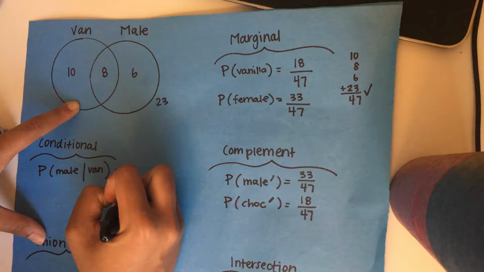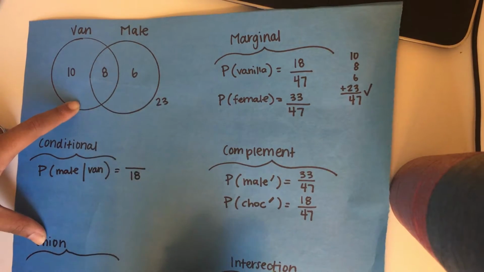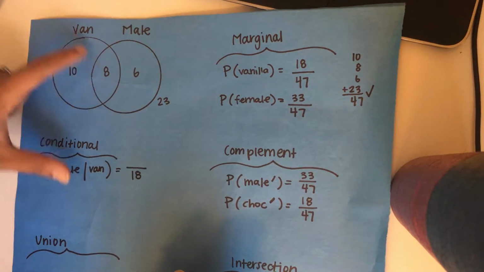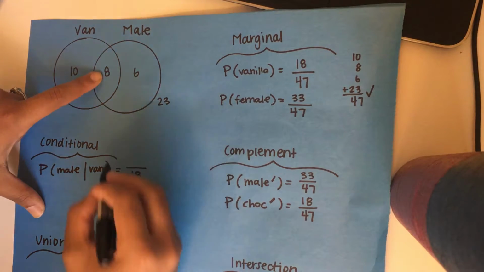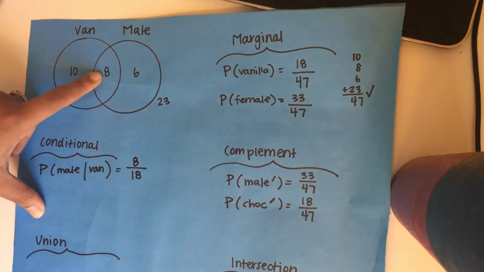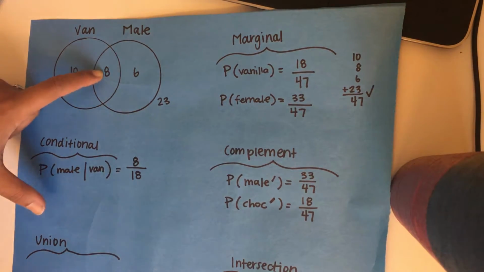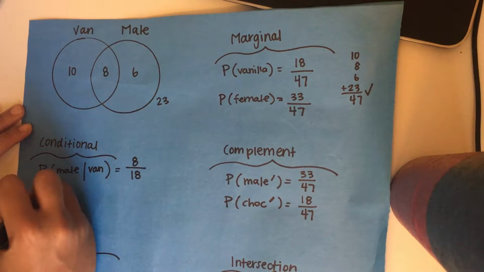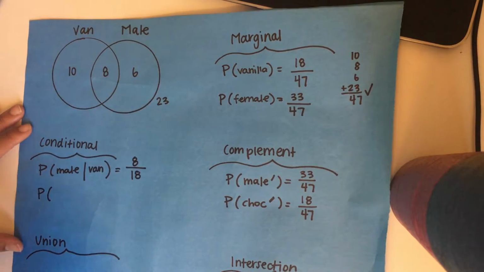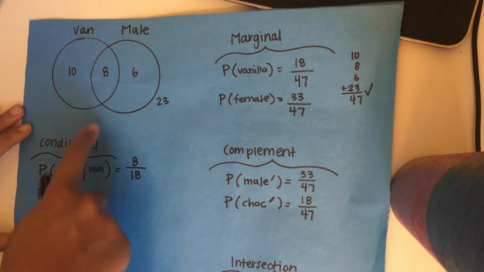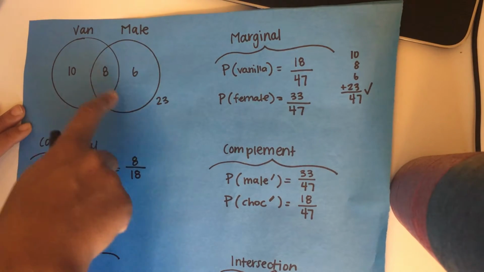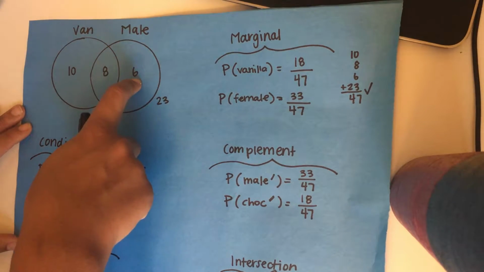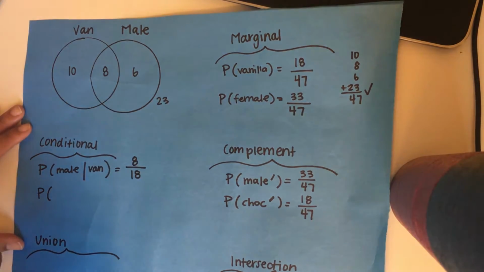We know that there are 18 total. How many of them are males? Well, we see those 8 males that like vanilla here, 8 out of 18. Another example of a conditional statement could be, out of all of the males, and there are 14 males total, how many like vanilla? So that could be 8 over 14.